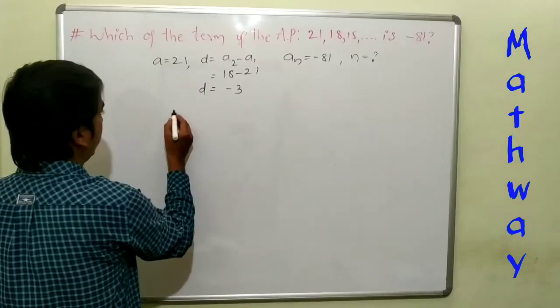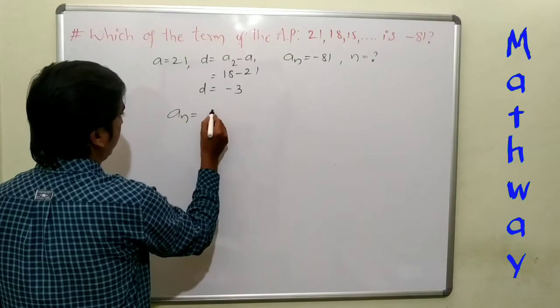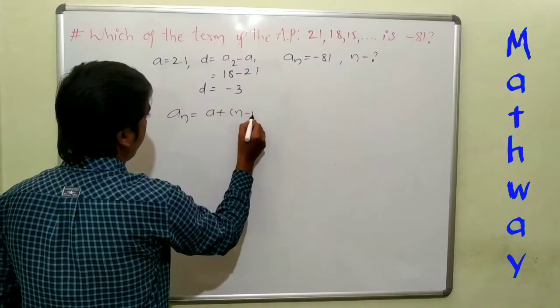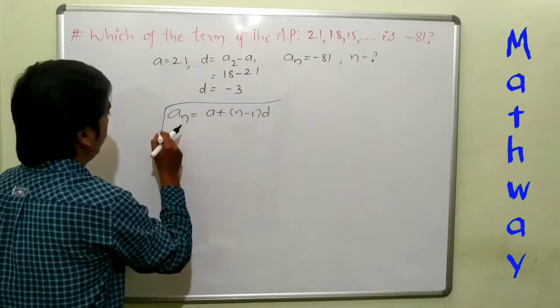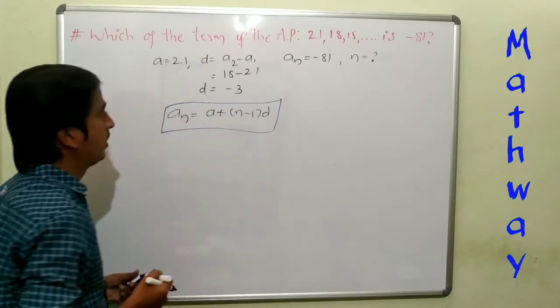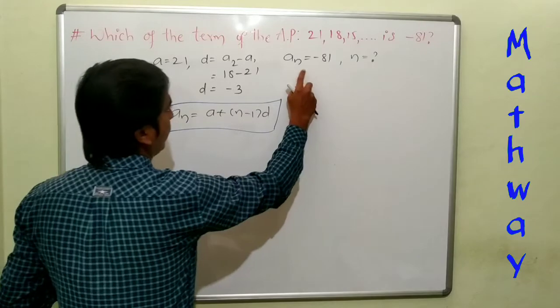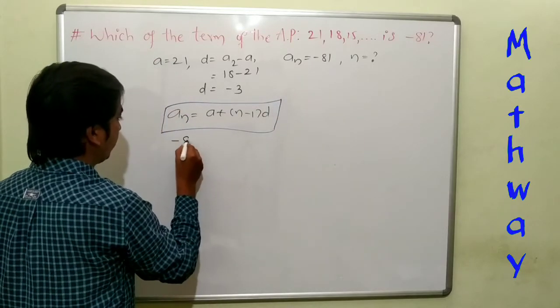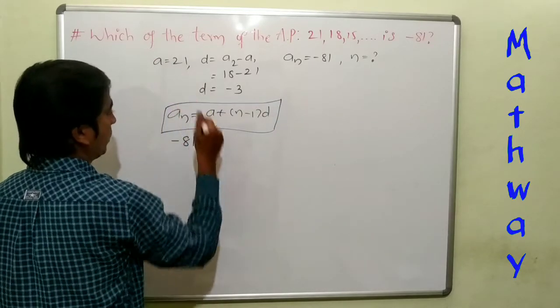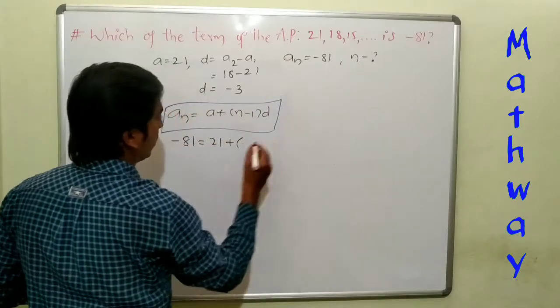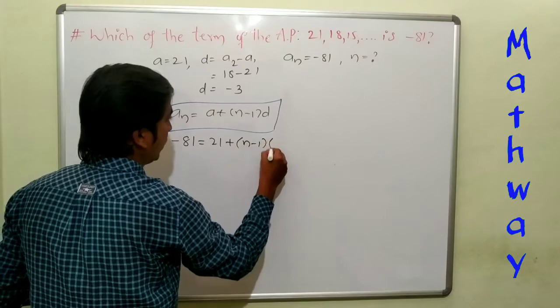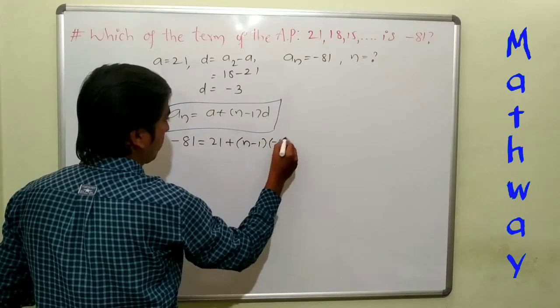Let's see. So take the An formula. An equals A plus n minus 1 into D. This is the most important formula, which we use more frequently, right? So here An is minus 81, equals A, the first term, 21, plus n minus 1 into D, the common difference, minus 3.